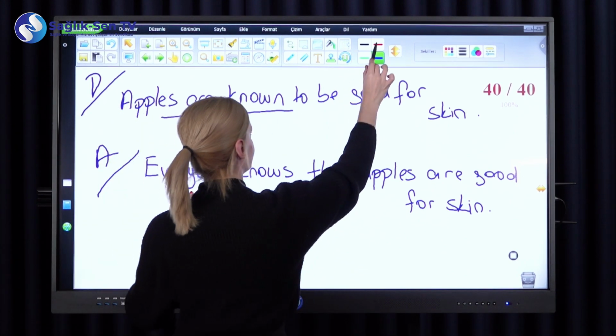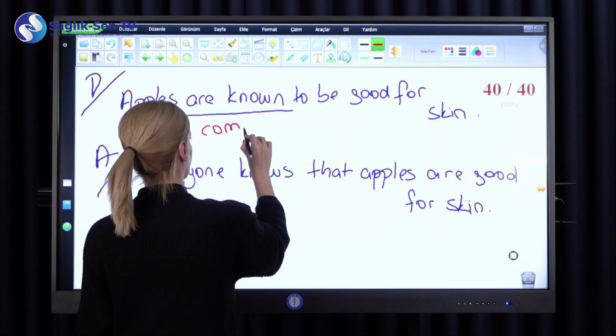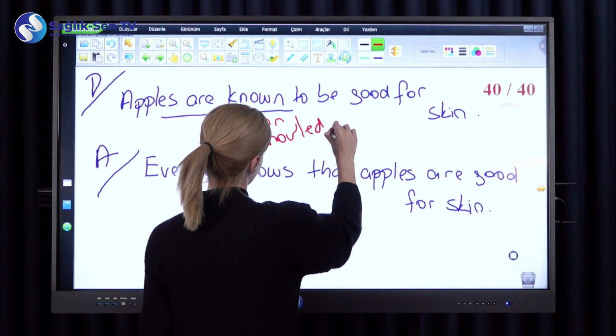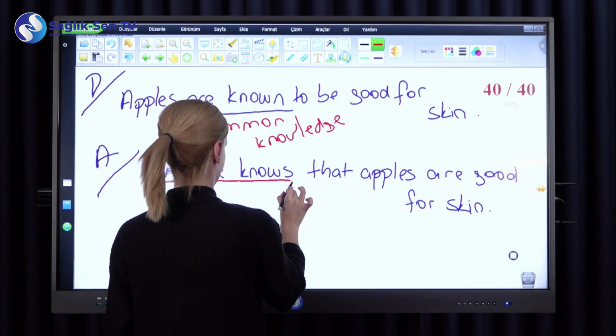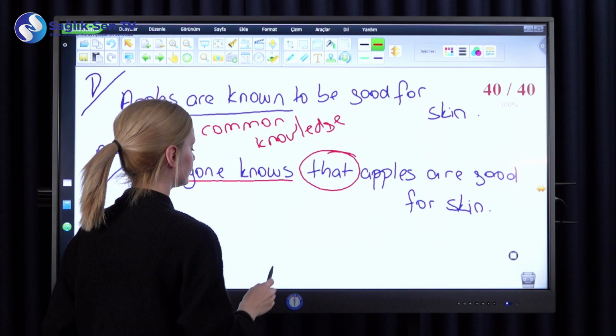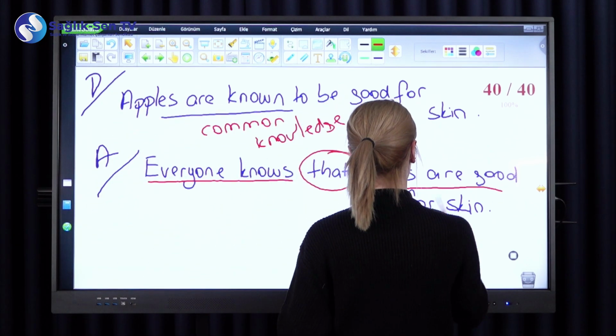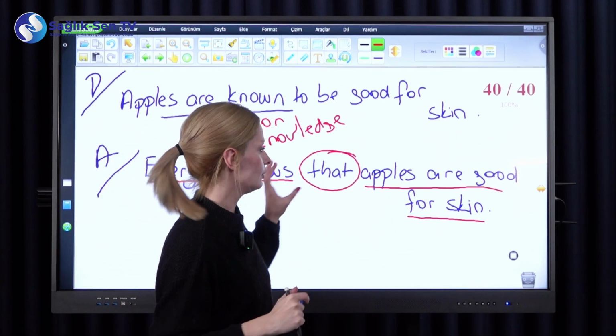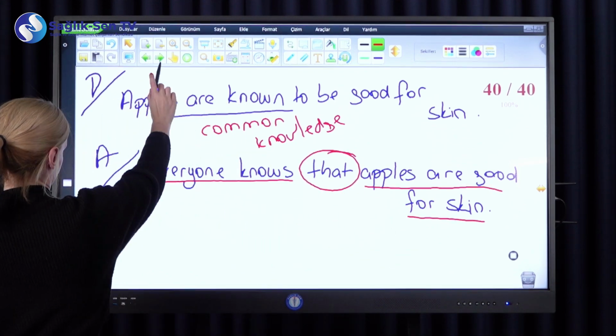I said that this is a common knowledge, which means everyone knows it. I wrote that, and I will write my that clause, my full object there.